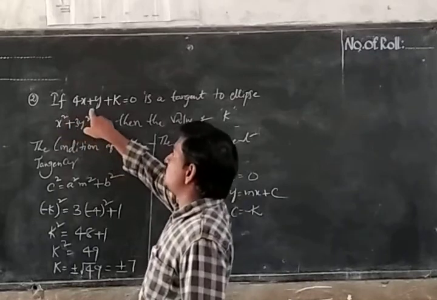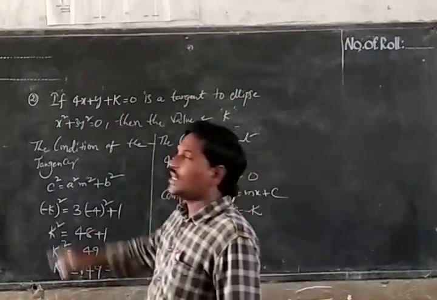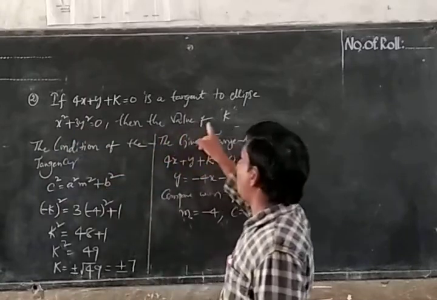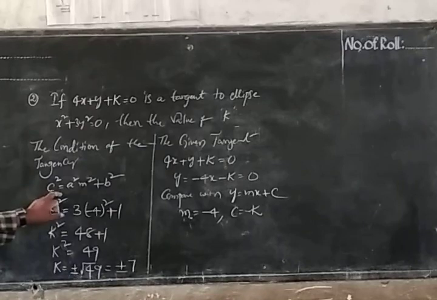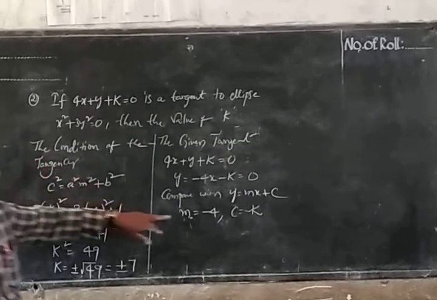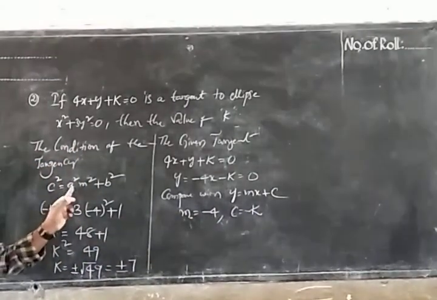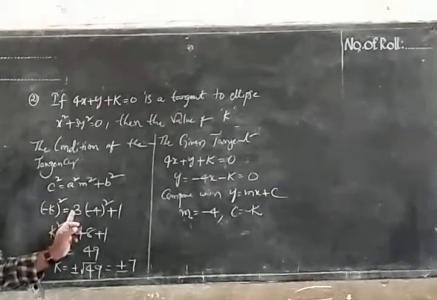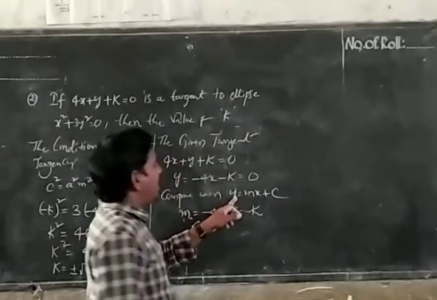If 4x plus y plus k equal to 0 is a tangent to the ellipse x square plus 3y square equal to 3, then the value of k: the condition of the tangent is c square equal to a square m square plus b square. Here c is minus k, so minus k whole square equal to 3 into m square plus 1, where a square is 3 and m is minus 4, comparing with y equal to mx plus c.